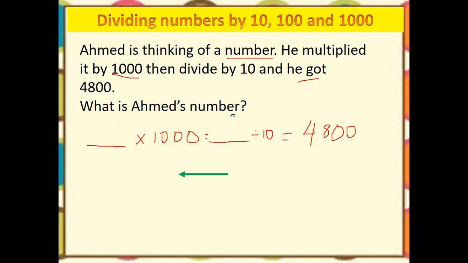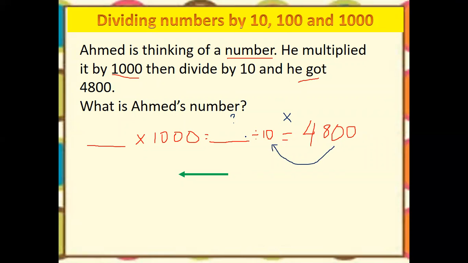What is the number here to get 4,800? So what did I say a while ago? If it is multiplication, if it's division, then we are going to do the inverse. Okay? So 4,800 times 10, it will become what? Okay, so let's start with this first.